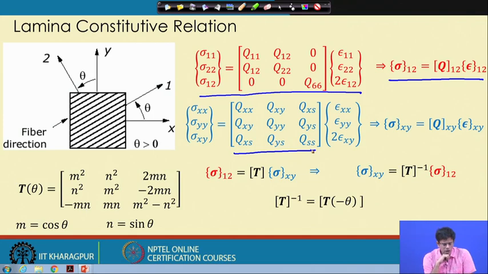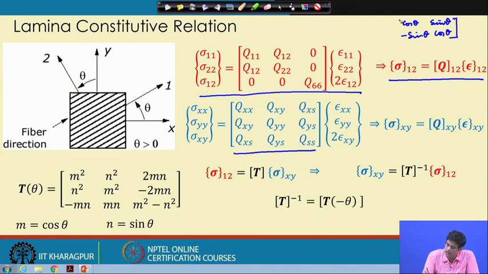So we know from the strain transformation relation, which we have learned in this course in the previous class, how to transform strains. In the strain transformation case or stress transformation case, we know what is the rotation matrix. The vector or displacement, we know, is cos theta sin theta and minus sin theta cos theta, whatever is the theta.